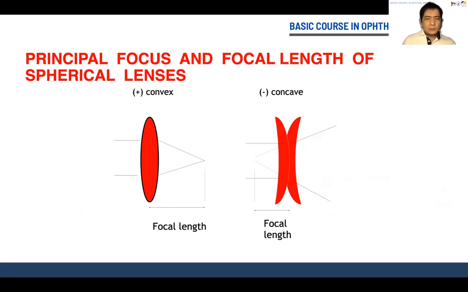So the image on the left is a convex lens, while the image on the right is a concave lens. The focal length is measured to the right of a convex lens, while the focal length of a concave lens is virtual, which is measured on the left of a concave lens.